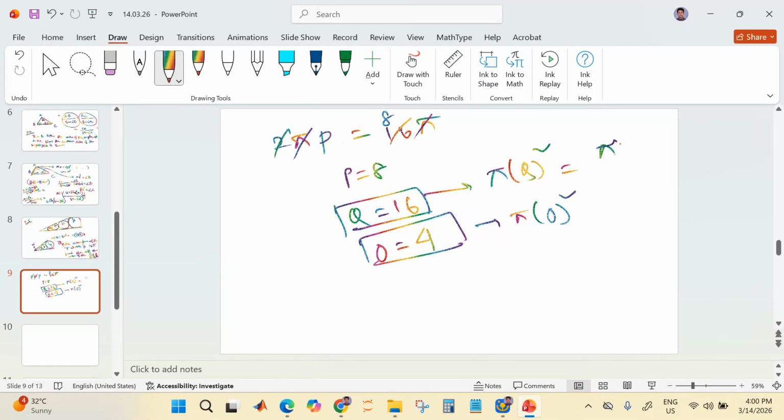That is pi into 256, আর pi into 16, সাবট্রাক্ট করতে হবে। 16 সাবট্রাক্ট করো, 240, 240 পাই। দিস ইজ ইউর আনসার। 240 pi will be your answer.